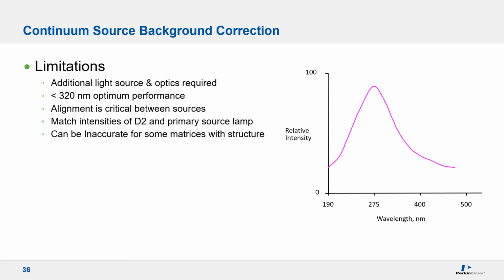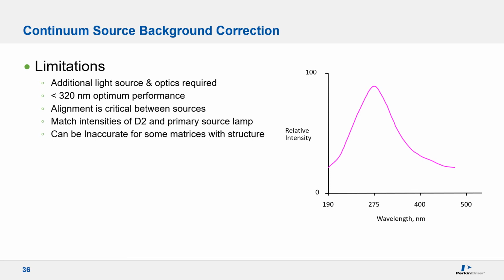It is also important to match the energy reading in the inline lamps window as close as possible between the two sources. For very bright lamps greater than 300 nanometers in wavelength, where the intensity of the D2 lamp begins to diminish, it may be necessary to decrease the current of the primary source lamp in order to achieve an acceptable match.